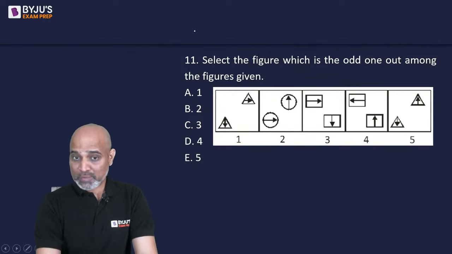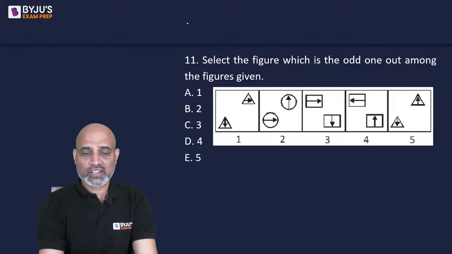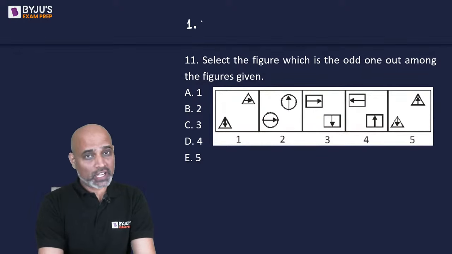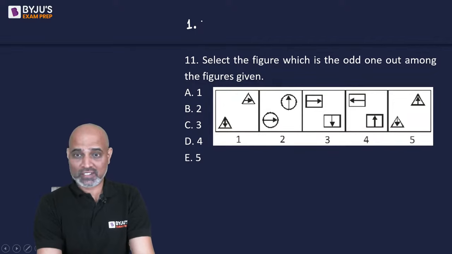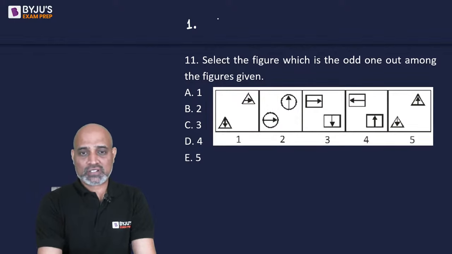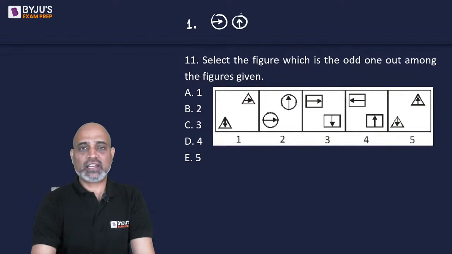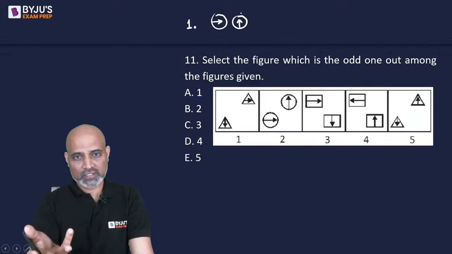Okay, so hear me out. First is the odd one out, because every other figure, they are symmetrical. Look, in the circle, whether you drew the arrow like this or like this, it is symmetrical, either horizontally or vertically.